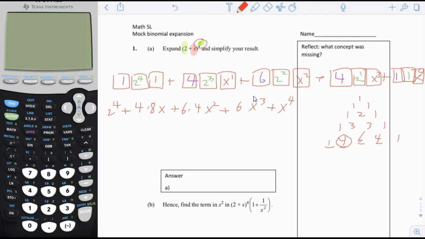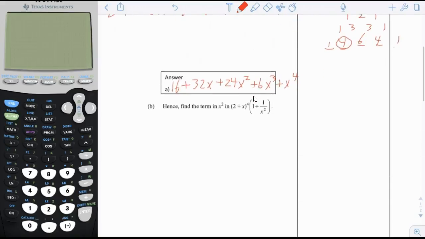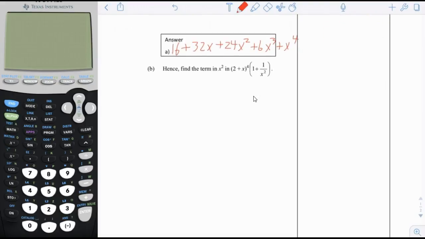Okay, so now let's simplify this a little bit. 2 to the 4th is equal to 2 times 2 times 2 times 2, which is 16, plus 4 times 8 is 32x, plus 6 times 4 is 24x squared, plus 4x cubed, no simplifying necessary there, plus x to the 4th. Okay? Alright, so the first part was pretty easy. We could probably do that even on the first day of this unit.